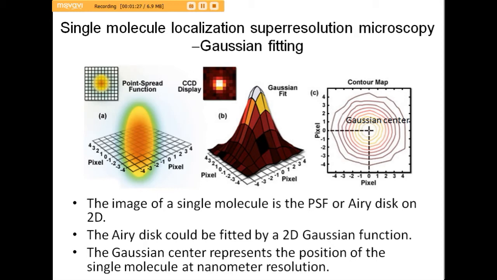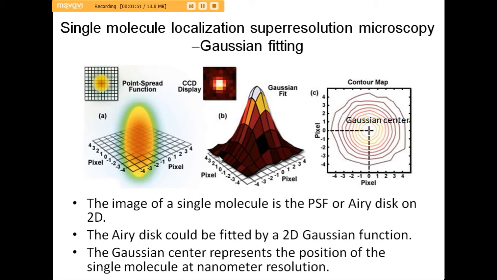So let's look at Gaussian fitting. We know that a single molecule image in 3D is a PSF, the American football shaped volume. Well, in 2D, on a CCD camera chip, it projects as an Airy disk. So this is the image of the Airy disk, and it's highly pixelated.